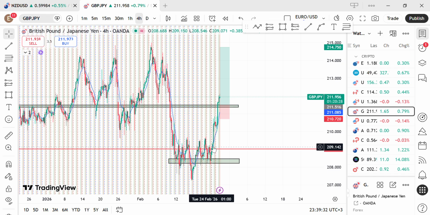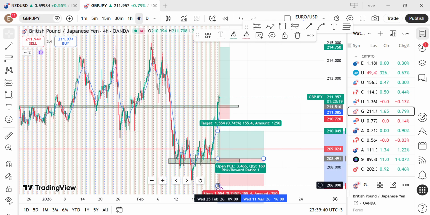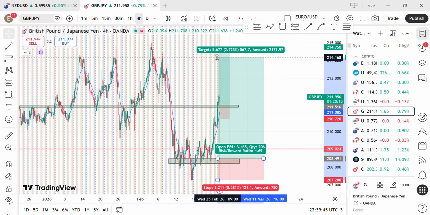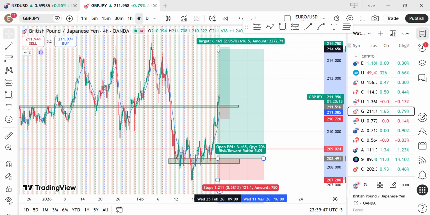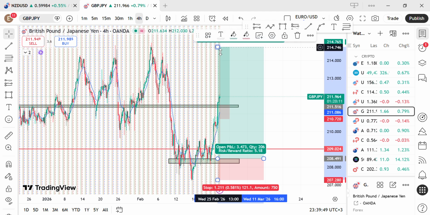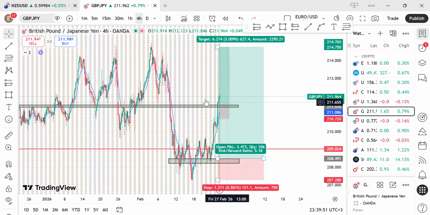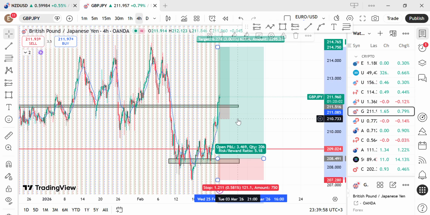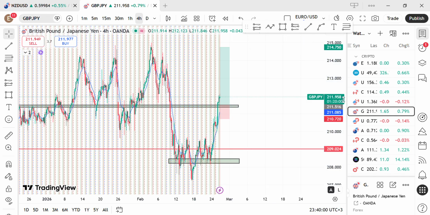So for daring people, in fact, you should have actually been like this. This is a huge swing trade. So yeah, that's GJ.